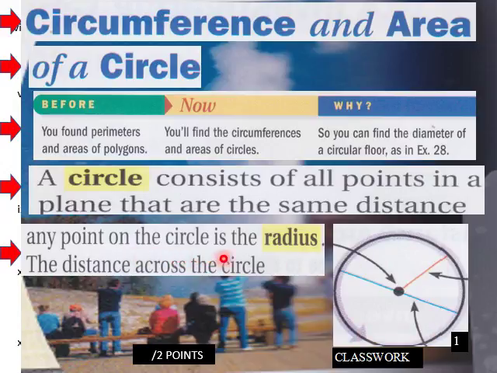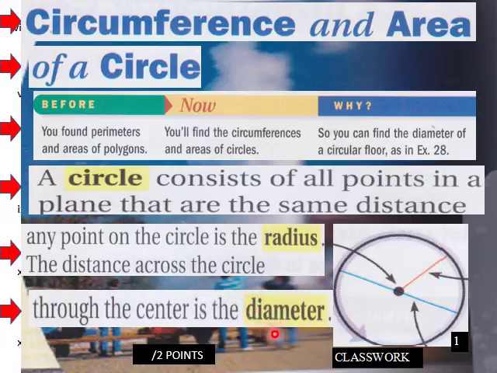So the distance from the center to any point on the circle is the radius. Here's a radius. The distance across the circle is a diameter. Here's your diameter. Here's a radius. So a circle is all points an equal distance from the center, that distance being the radius. That is a pretty good definition of a circle.